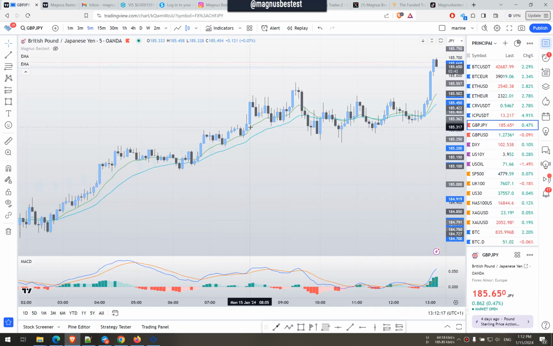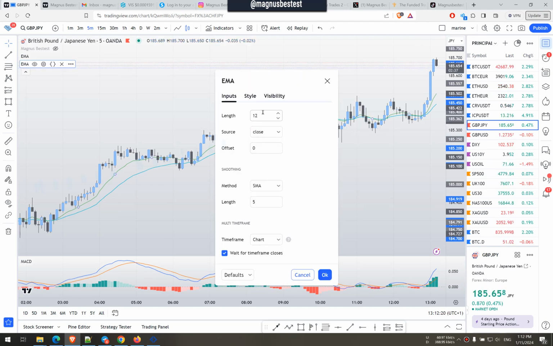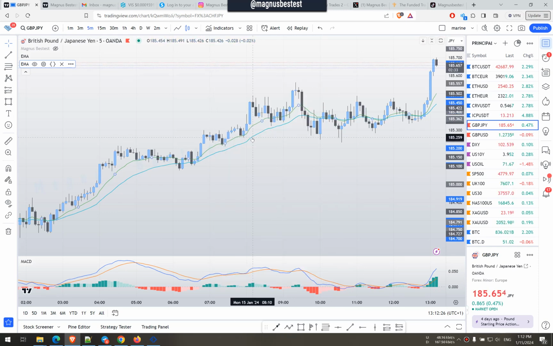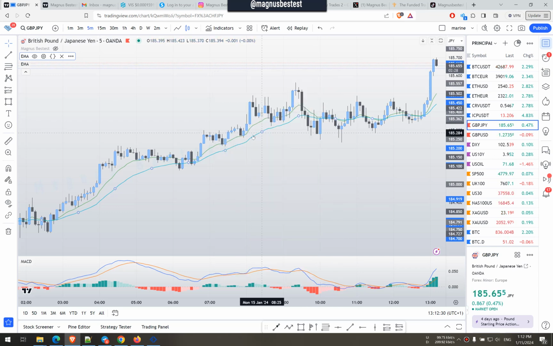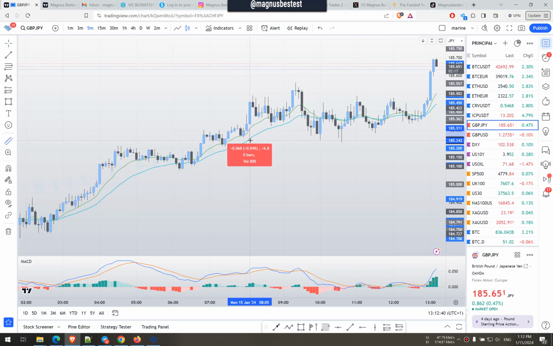Here at this point, the green line is the moving average 12, this turquoise line is 26, and the difference between these two lines is, let's say a nice round number, 60.